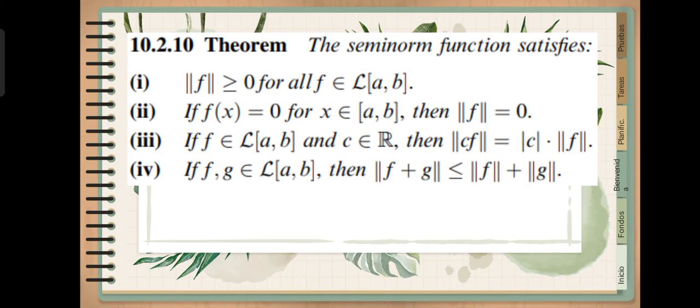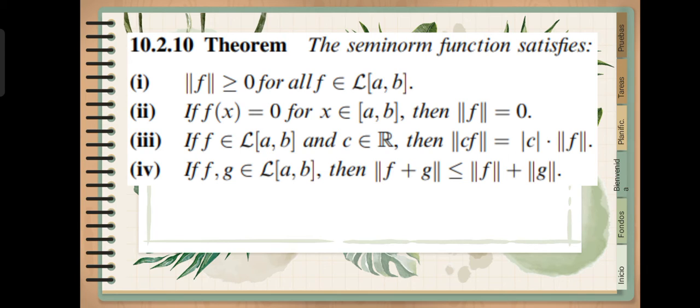10.2.10 Theorem. The semi-norm function satisfies: Number 1, the semi-norm of f is greater than or equal to 0 for all f an element of L[a,b]. Number 2, if f(x) equals 0 for x in [a,b], then the semi-norm of f is equal to 0.